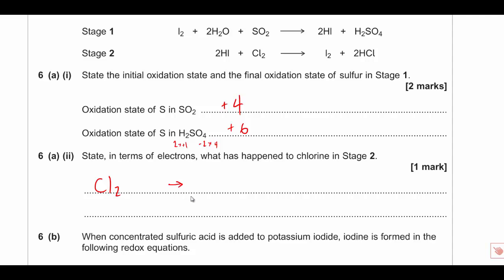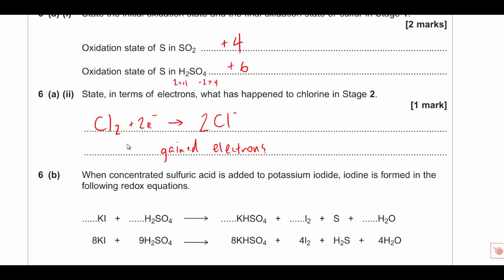Chlorine has gained 2 electrons. They're not allowing reduction in this case because they want you to specify in terms of electrons what is actually happening. So the idea is it's gaining electrons, therefore reduction, but you must say it is gaining electrons.